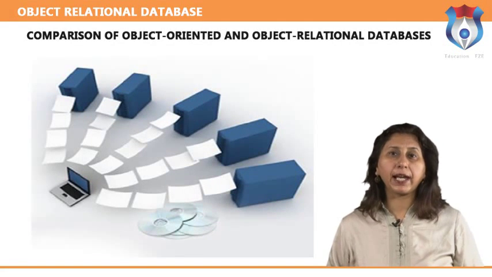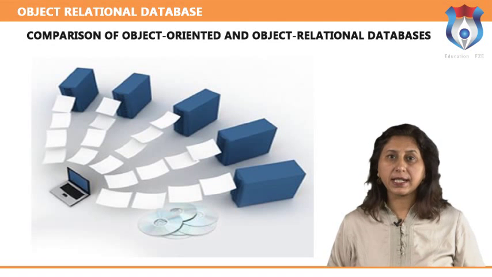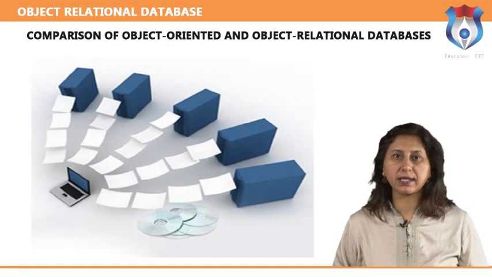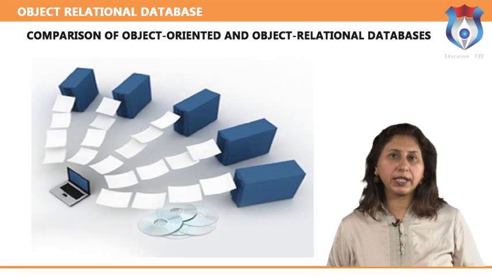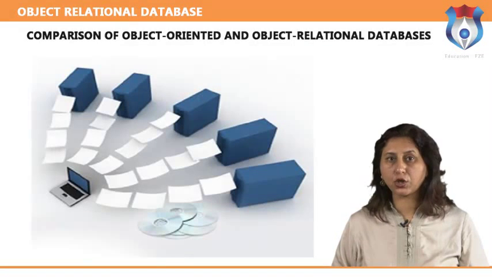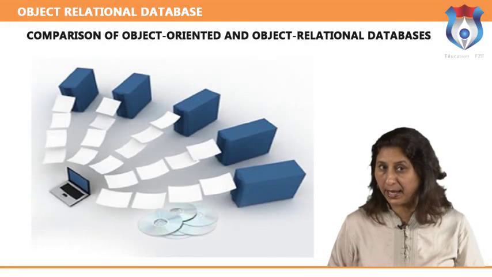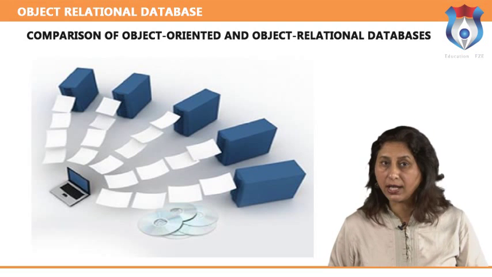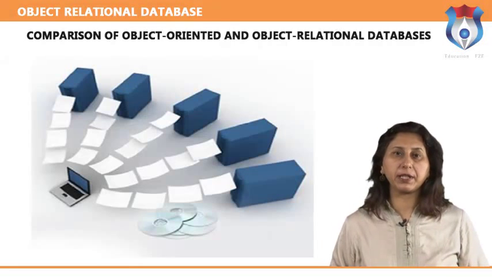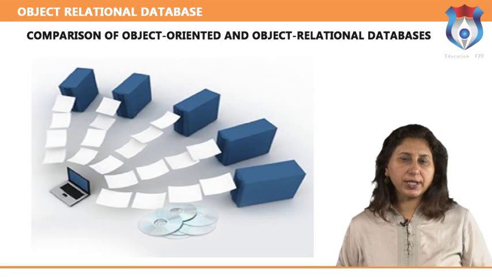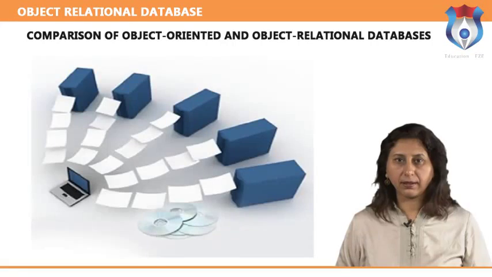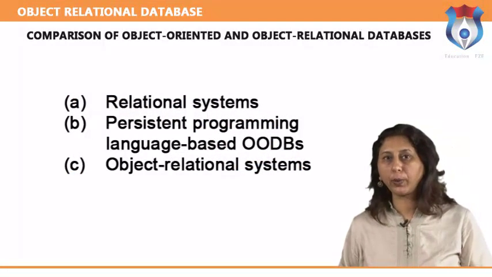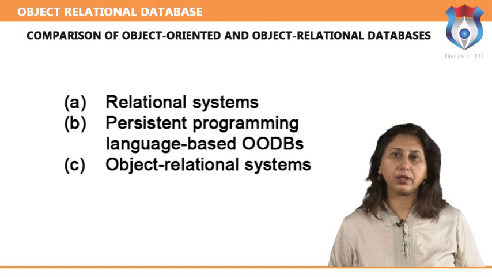Persistent programming language-based OODBs target applications of that form that have high performance requirements. No data translation is needed, and there is low overhead access to persistent data, but they are more susceptible to data corruption by programming errors, and usually do not have a powerful querying capability. Typical applications include CAD databases. Relational systems: simple data types, powerful query languages, high protection.